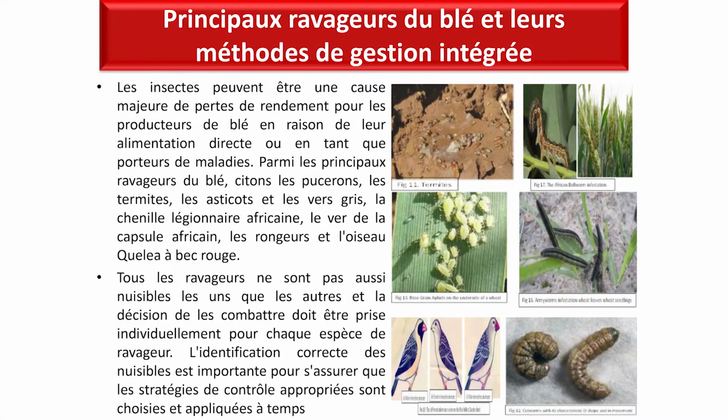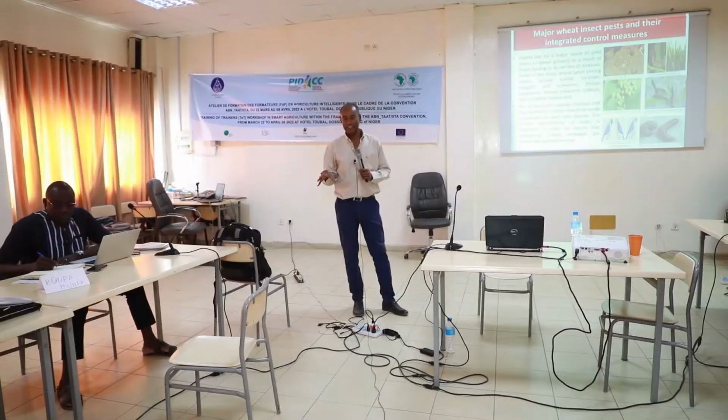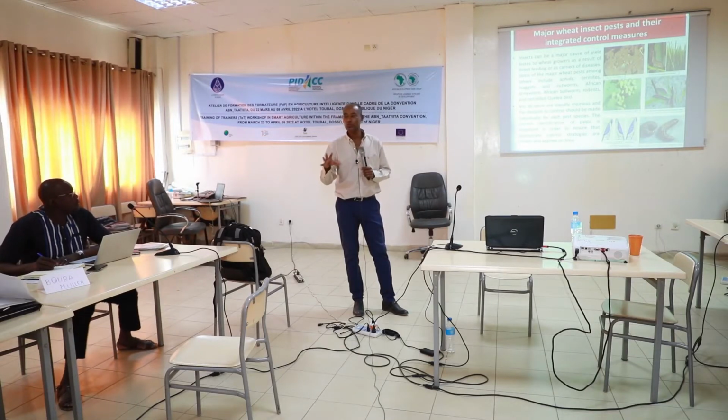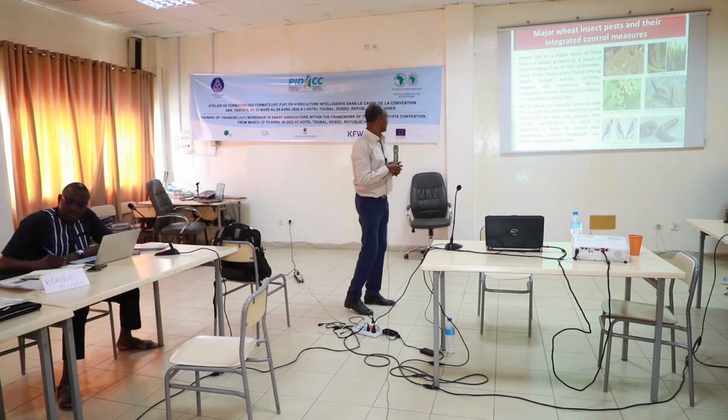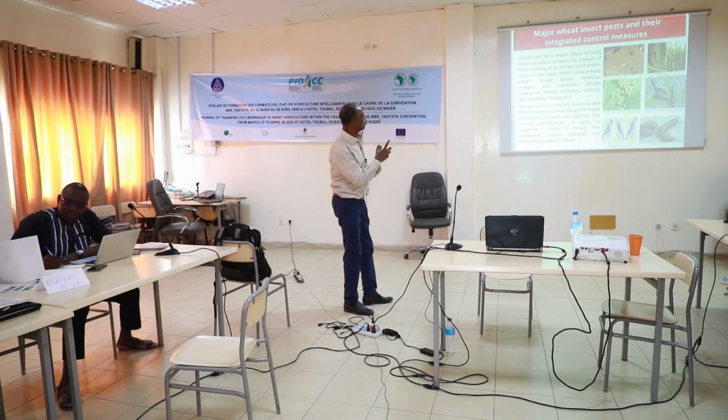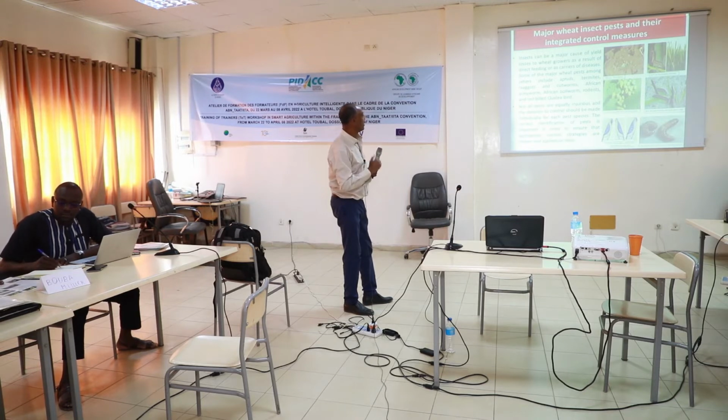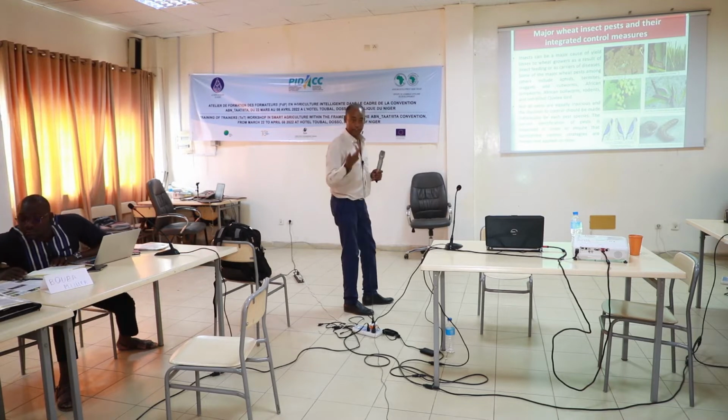Let us come to pests. It's not only disease. Like any crop, wheat is also affected by different pests. Insects can be a major cause of yield loss to wheat growers as a result of direct feeding and as carriers of disease. Some of the major wheat pests, among others, include aphids.